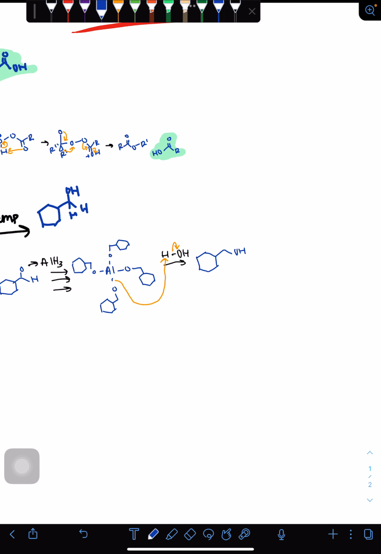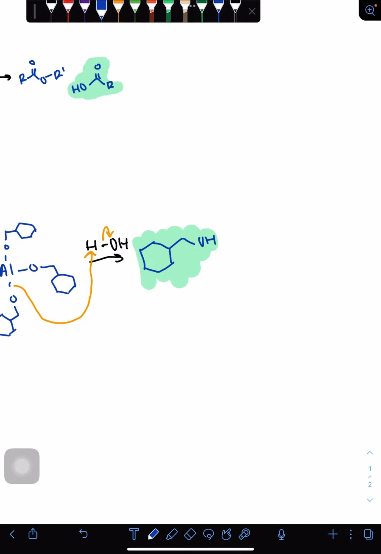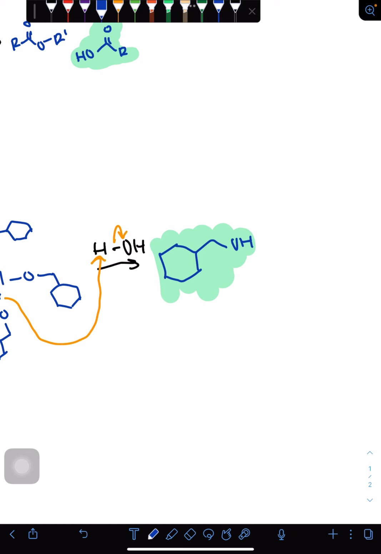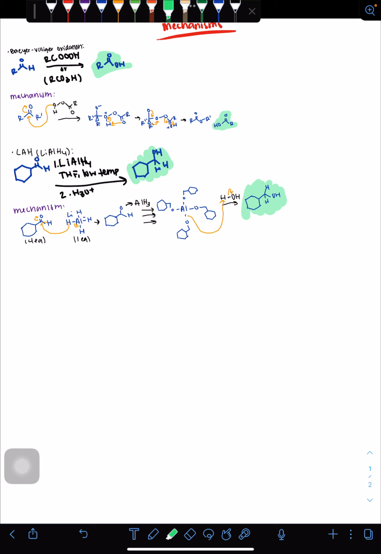And if you're wondering, is it the same thing? Yeah, because we don't always have to draw the missing hydrogens with the carbons, as it's implied, CH2, H, and another H there. So in the end, we did get the exact same thing.